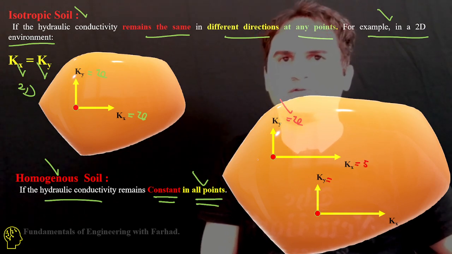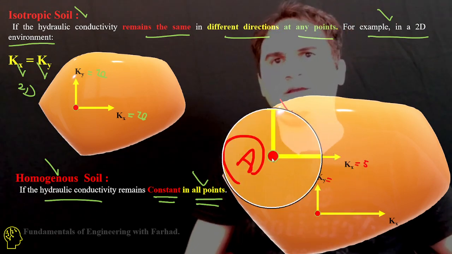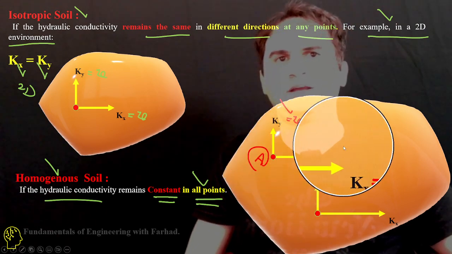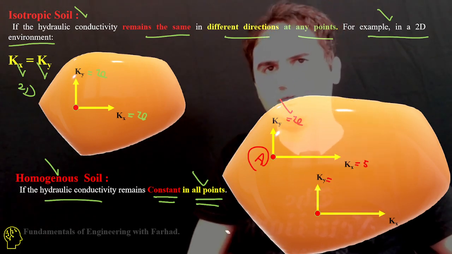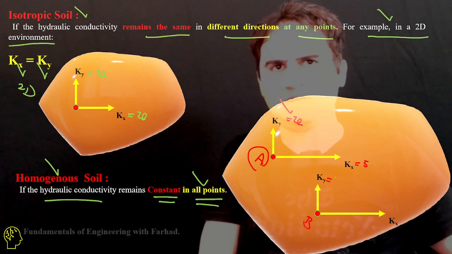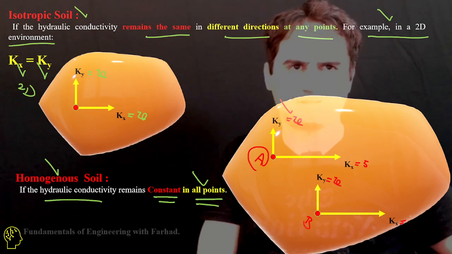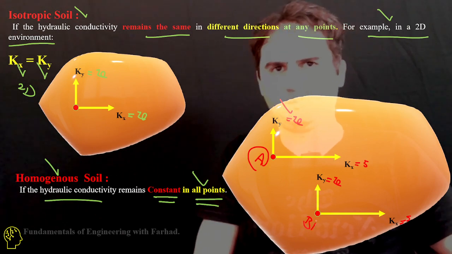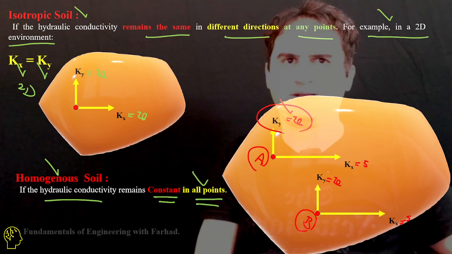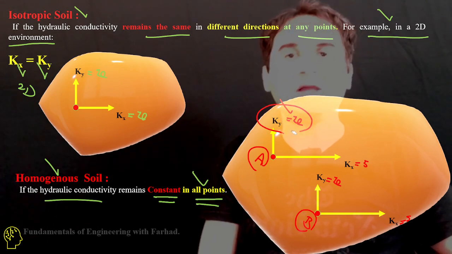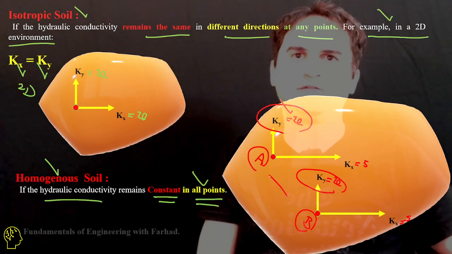In point A, we have a Ky of 10 units and a Kx of 5 units. We again have a Ky equal to 10 and Kx of 5 units in point B. This just says the hydraulic conductivity remains constant at different points.